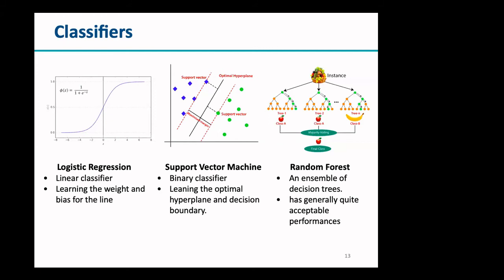But further, in the next step, we can use some kernel methods, such as support vector machines. It is a binary classifier, and the idea is finding the best and optimal hyperplane for the decision boundary.